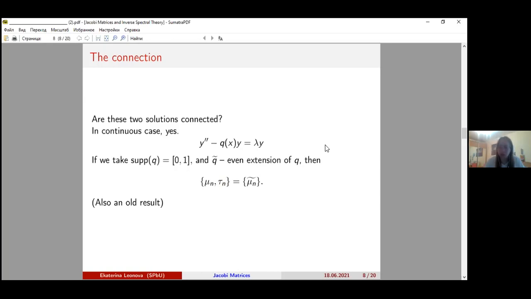So the numbers nu go with a Dirichlet condition: the function y is equal to 0 at 1 and at 0. And tau goes for mixed eigenvalues, which means that we have 0 of the function y on one side and 0 of its derivative on the other side. So we see that if we take an even extension, then its eigenvalues cover both of these kinds of eigenvalues.